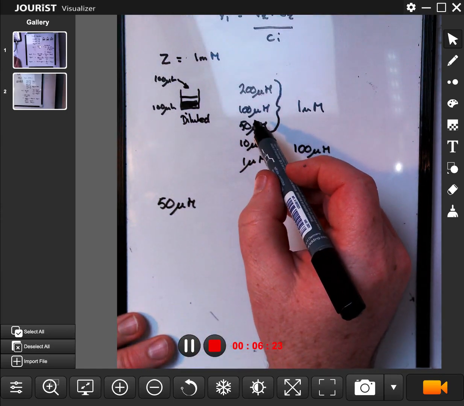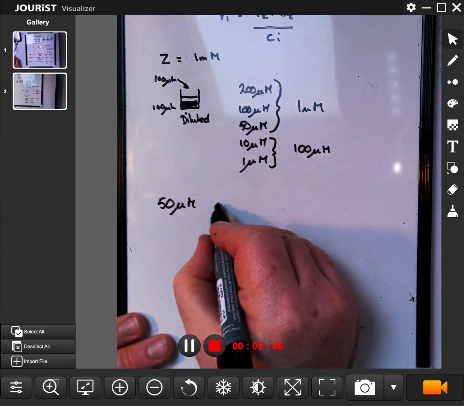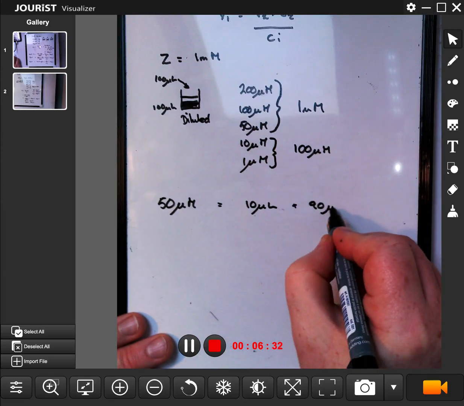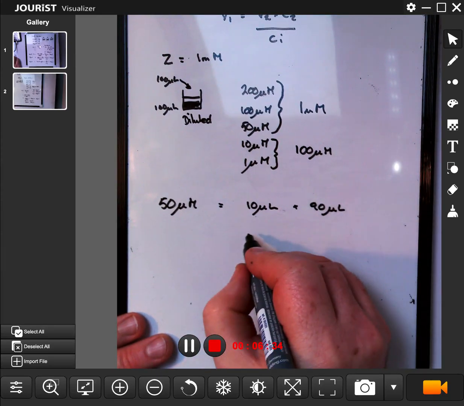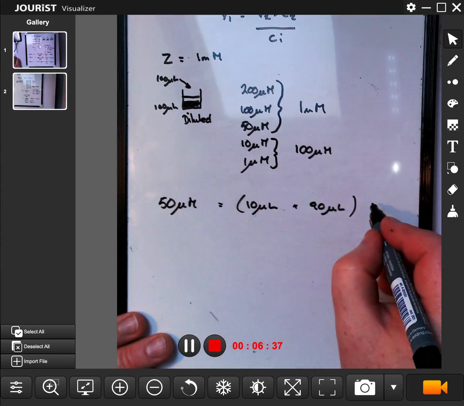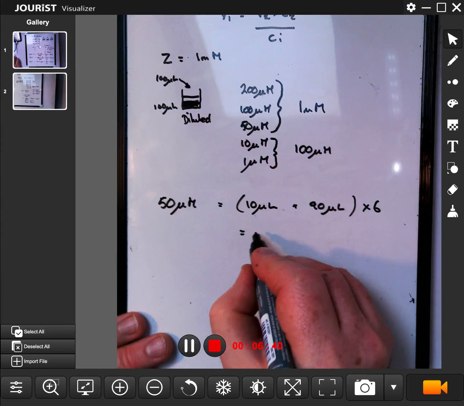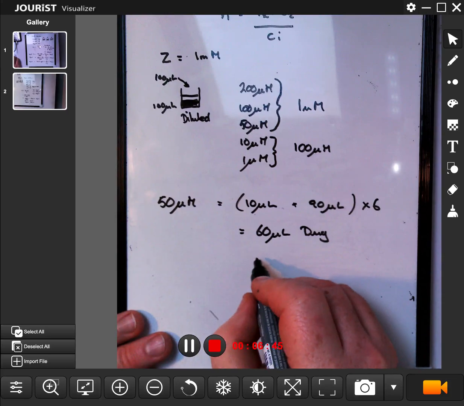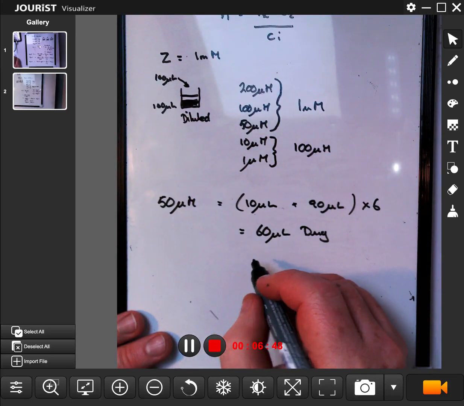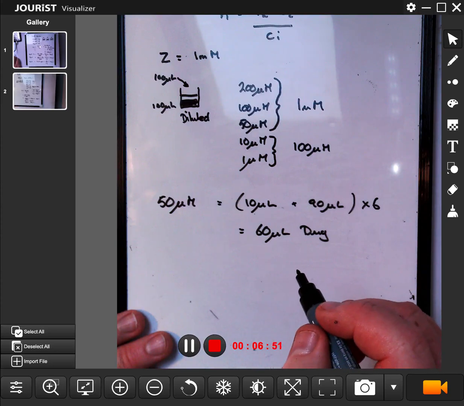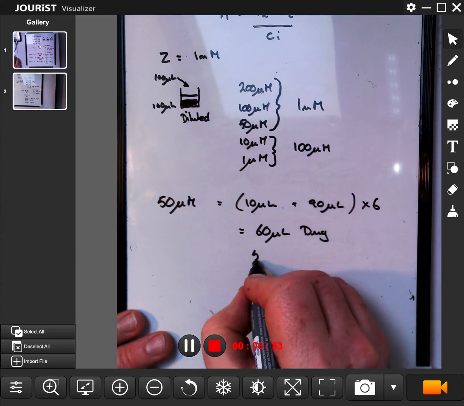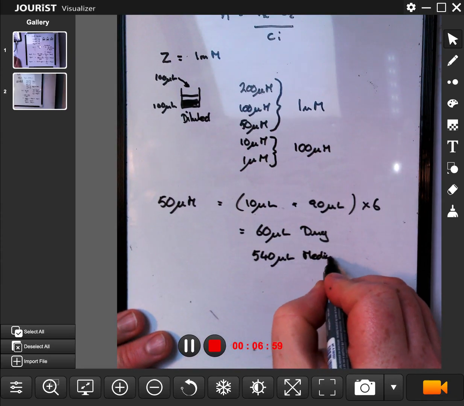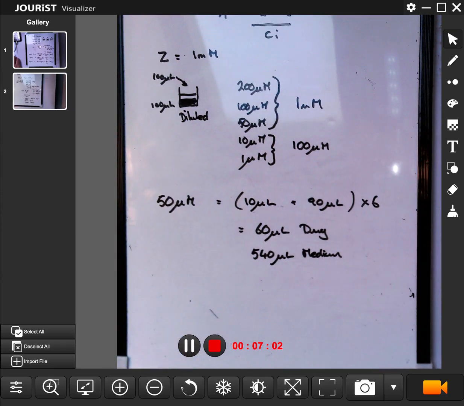For 100 micromoles, we needed 20 microliters, so 50 is going to be 10 microliters plus 90 microliters of medium, and the whole lot times 6. So we're going to need 60 microliters of drug and 540 microliters of medium. Okay, so that's those 3 done.